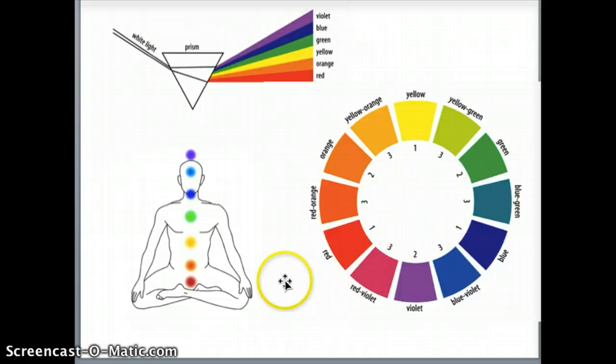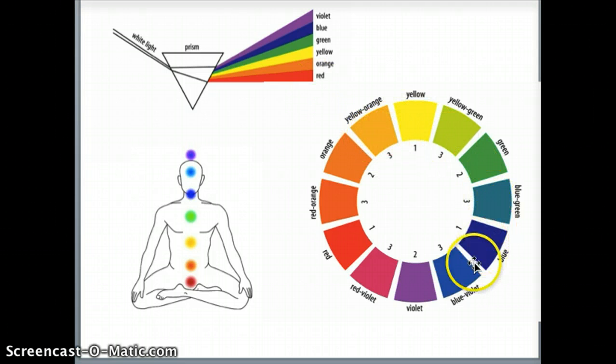The color wheel was labeled by Sir Isaac Newton in 1660. Basically color is really related to science because we're looking at white light splitting in a prism into these 6 different tones.